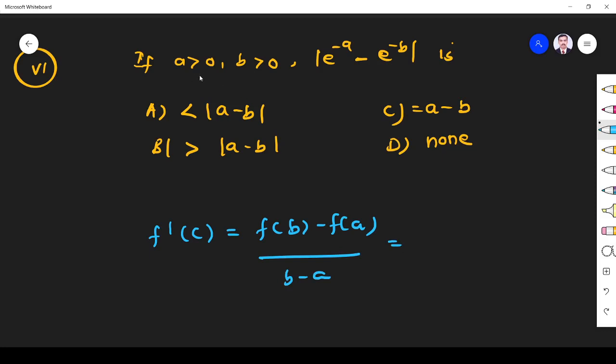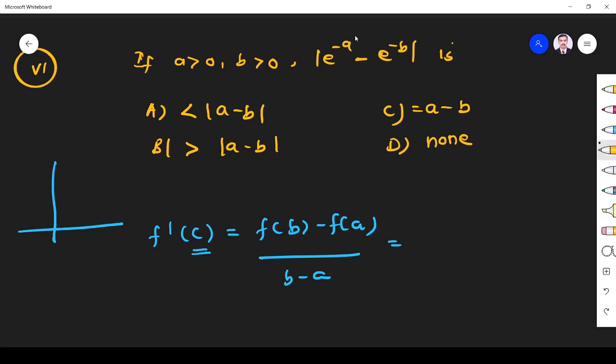Right. So a is greater than 0, b is greater than 0, and we have to find f dash. See, as per Lagrange's theorem, c must lie between a and b. Right. So we know how e power will be, e power minus a.